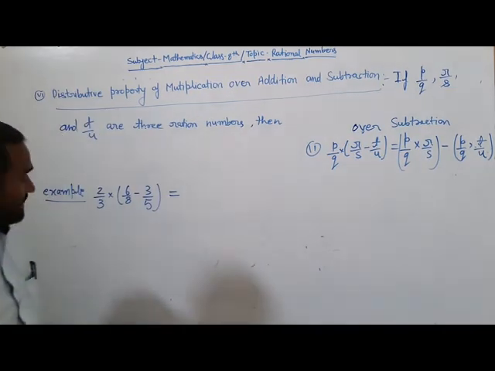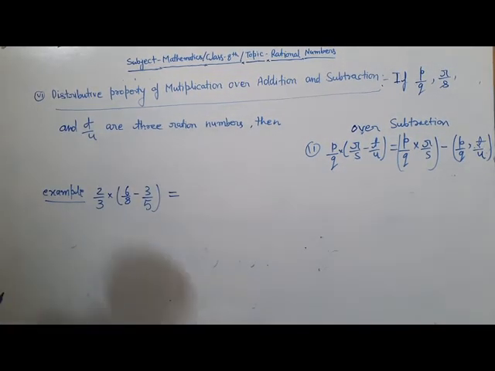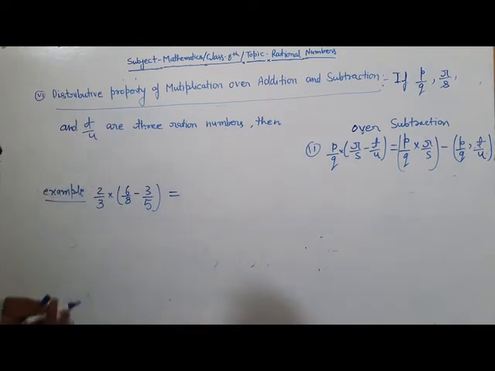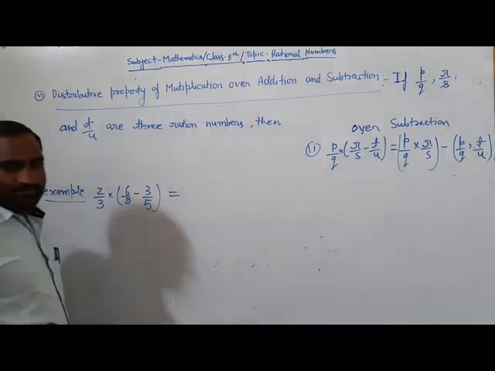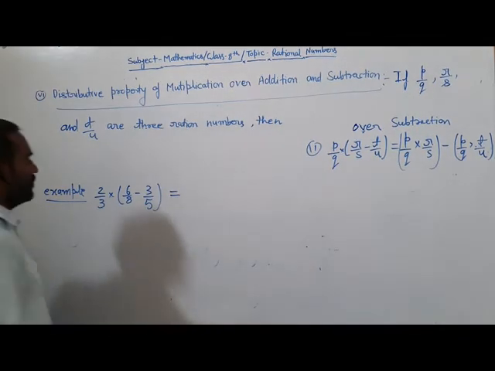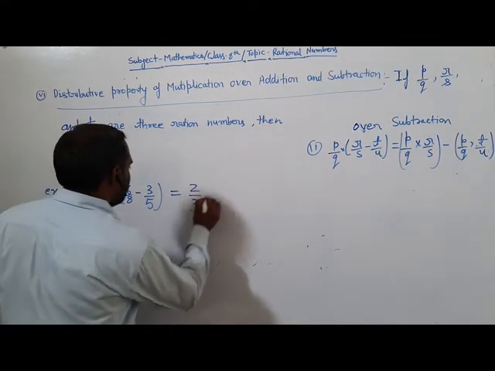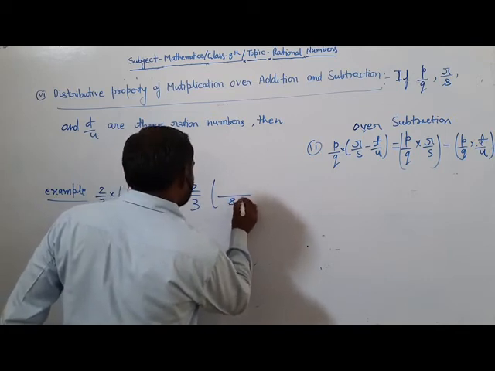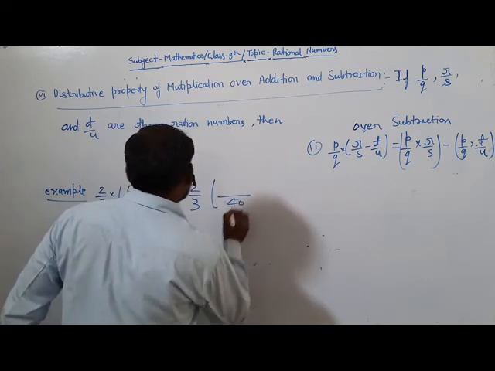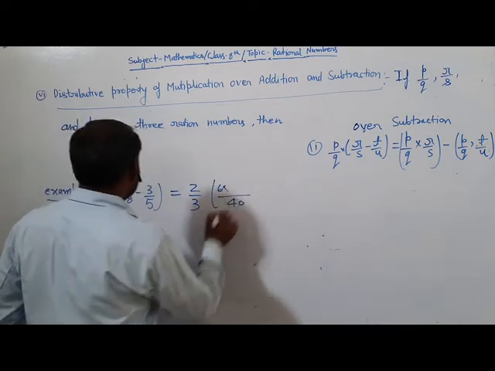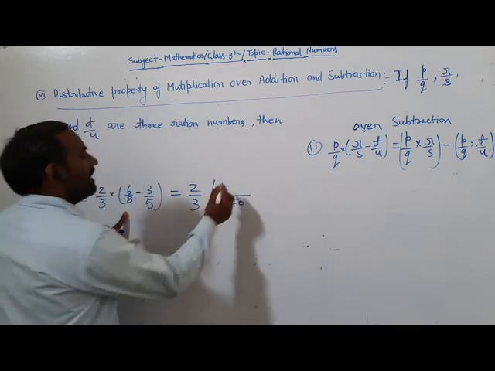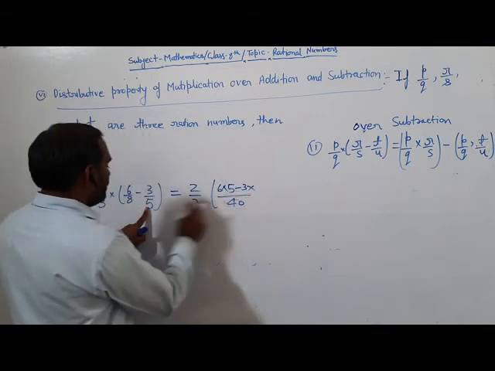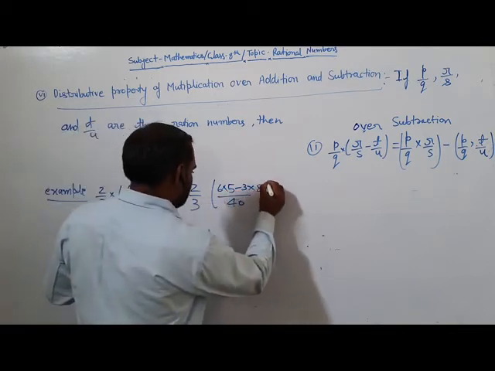Now this is the second example. According to the second example, you have to solve the questions. Take the LCM of 8 and 5. The LCM of 8, 5 is 40. 2 by 3, 6 into divide 40 by 8, 8 5 ja 40, minus 3 into divide 40 by 5, 5 8 ja 8.